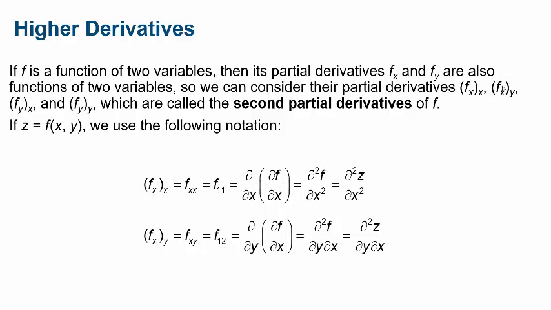Here you find the partial derivative with respect to x, and then find the partial derivative of that with respect to y, and so on. These are called the second partial derivatives of f. Okay, and we use just the following notation here. It's the same basic notation that you would use with Calc 1 derivatives when you find higher order derivatives.